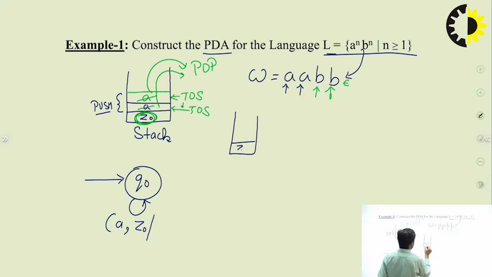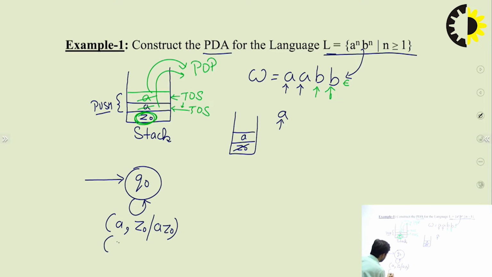Suppose this is the stack: on seeing input A, Z naught will be popped off and A Z naught will be pushed into the stack.